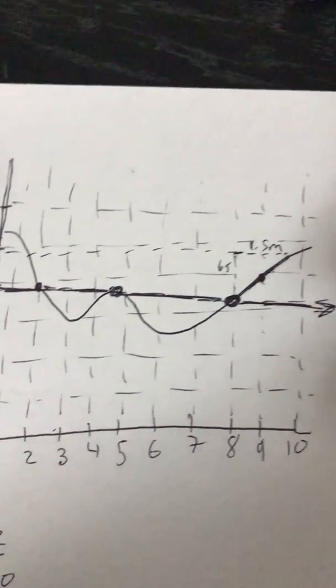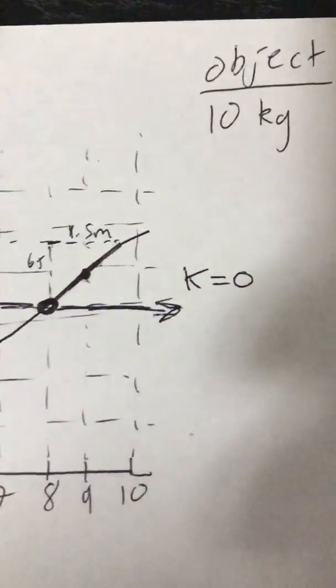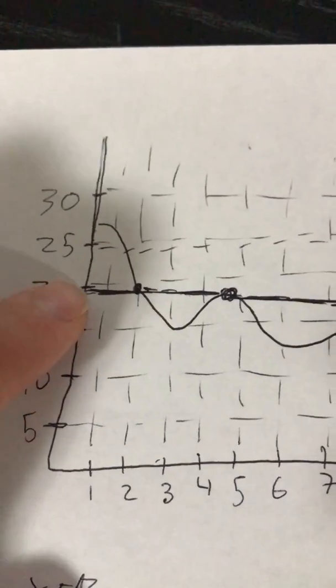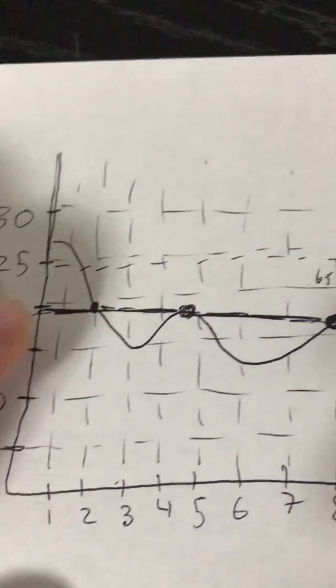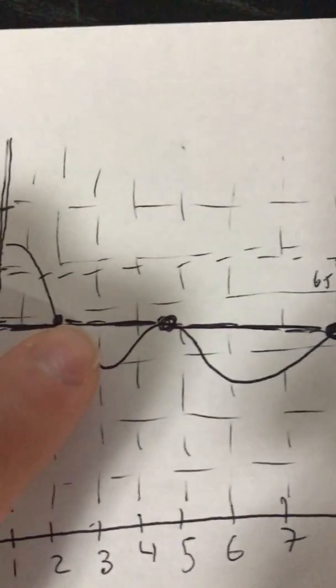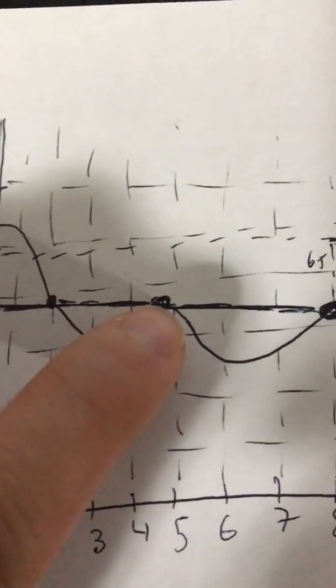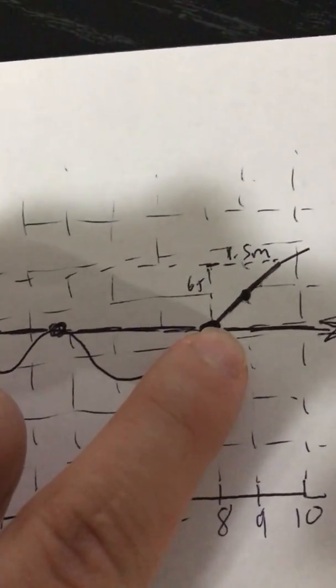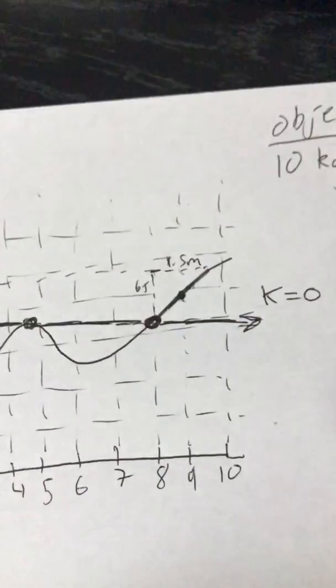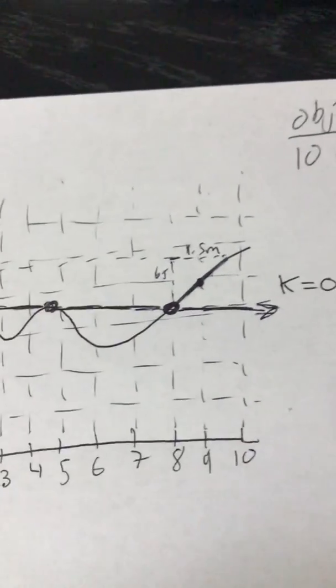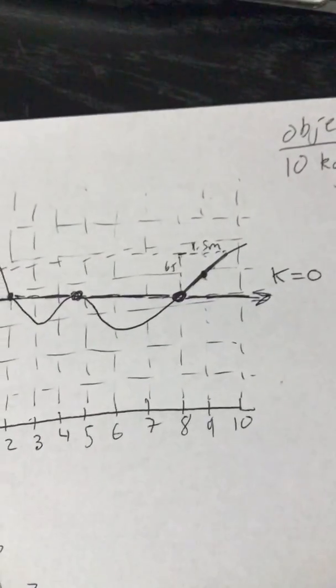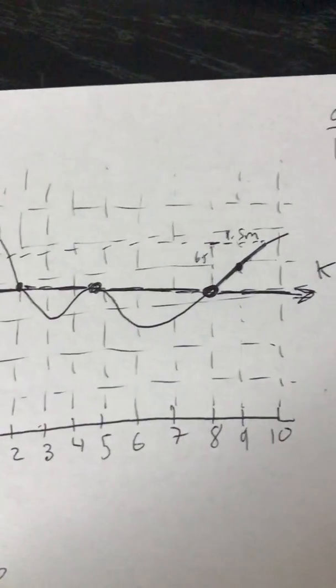So we know we'll say this is given in our curve that k equals 0 across this line right here at about 20 joules. So then at each of these 3 points on the graph where the curve intersects that line, our object is going to stop at each point where k equals 0.